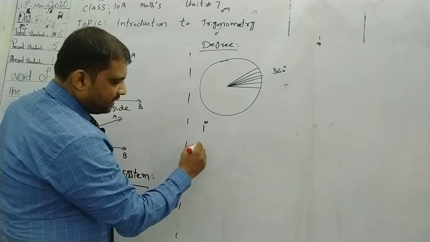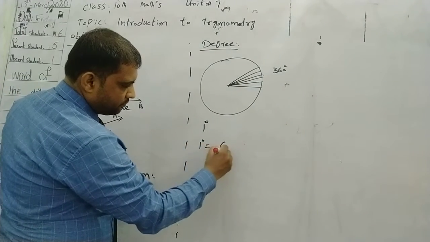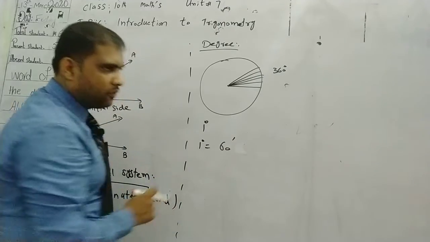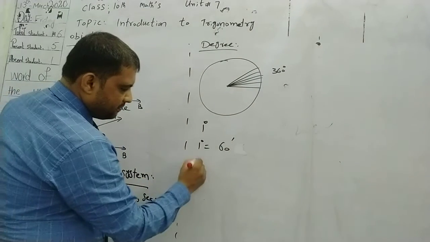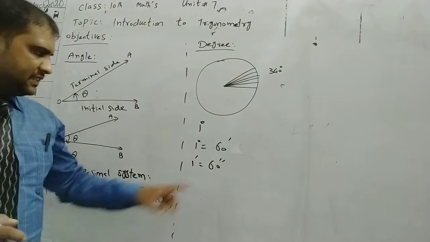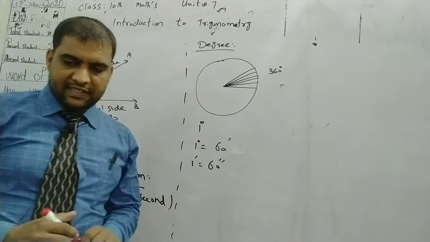The degree is represented by this symbol. 1 degree is equal to 60 minutes. This is the symbol of the minute, and 1 minute is equal to 60 seconds. This is the symbol of the seconds.